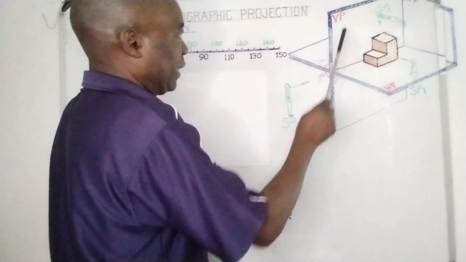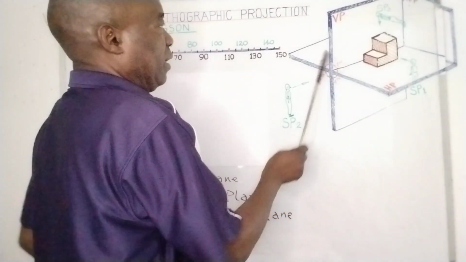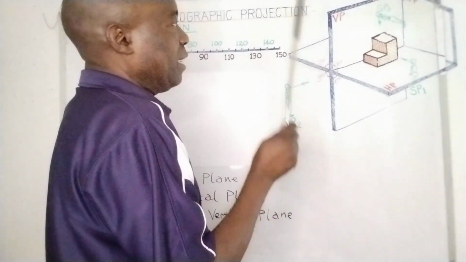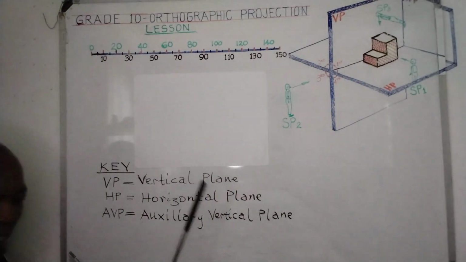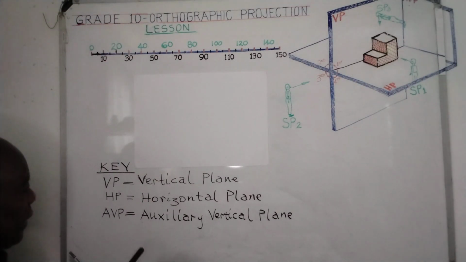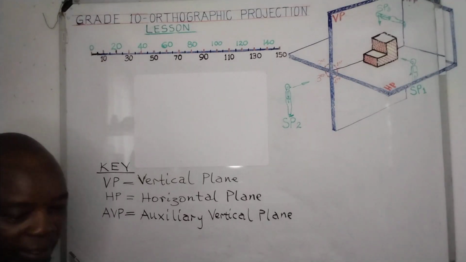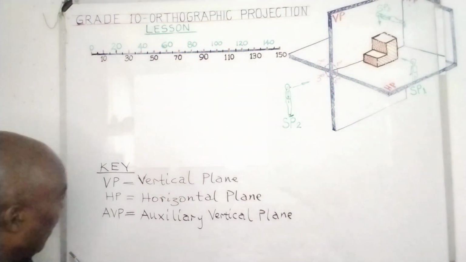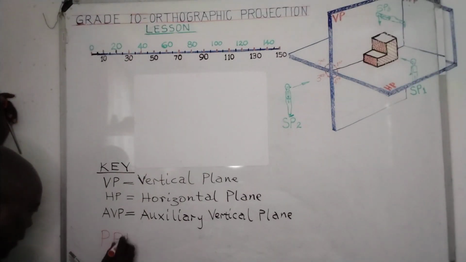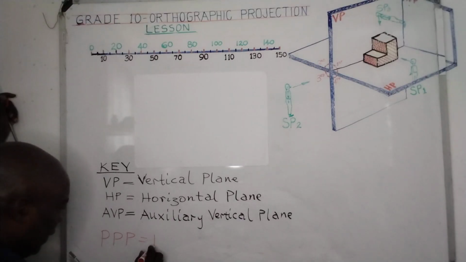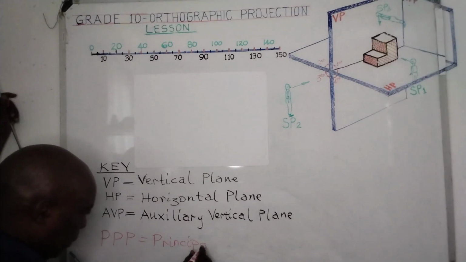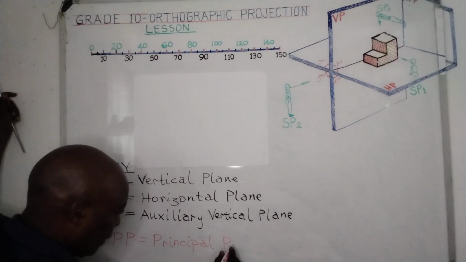They are known as 3Ps, meaning PP, PP, like that. They stand for principal projection planes. That's what it means. So we're talking about the three principal projection planes, and then they are intersected like this.